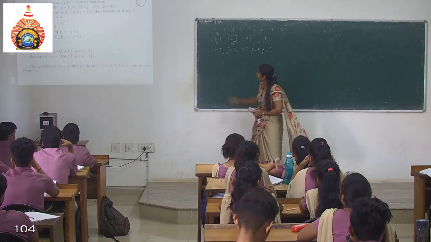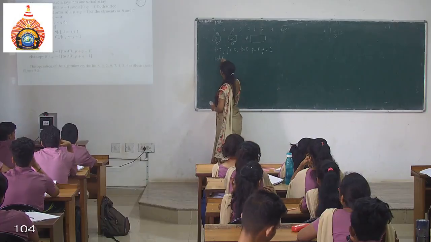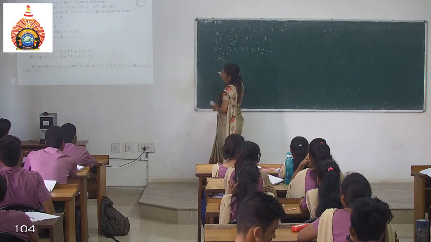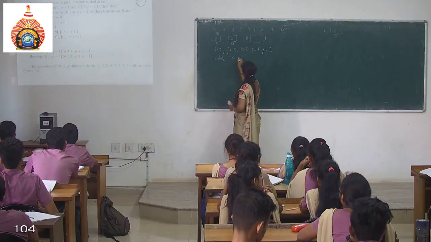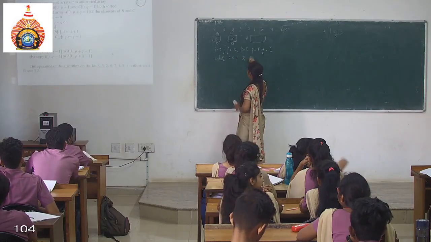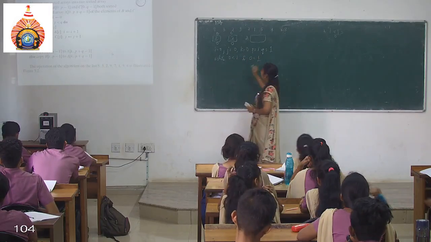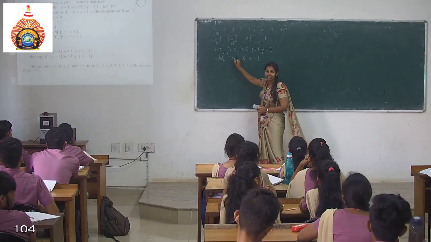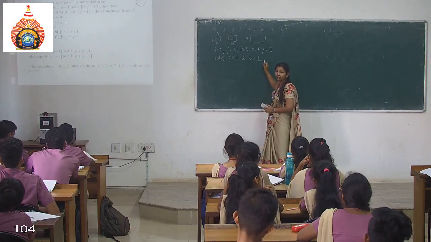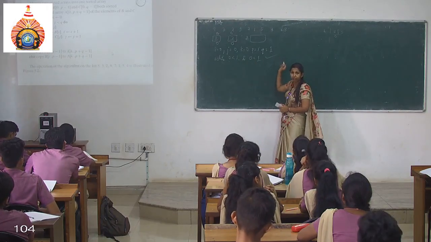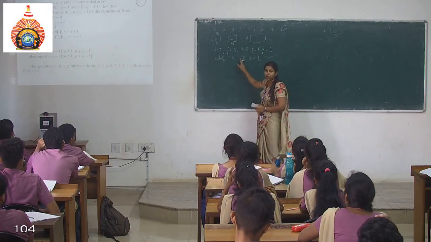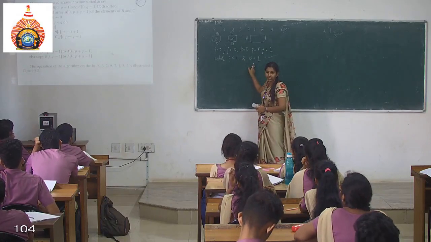What is the next step? While I less than P, that is 0 less than 1, and J less than Q, 0 less than 1, correct? Both the statements should be true. Now in this situation, both the statements are true, correct?